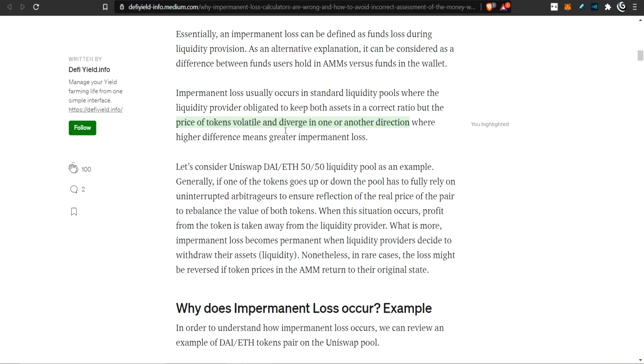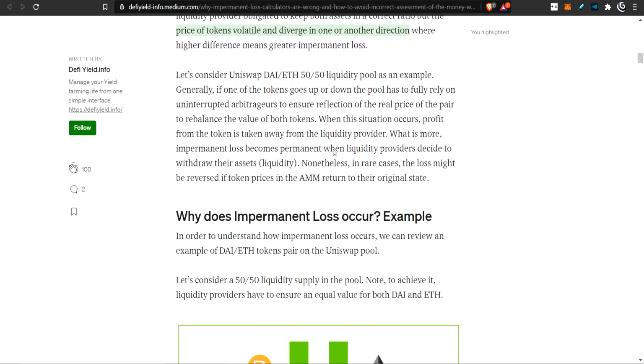So maybe one token's value goes up and the other token's value goes down. That would be a large divergence, but we also get a divergence if one token stays the same and the other token goes up or down. So that's what it's talking about here, in the other direction. One is staying the same, the other one's going up, and the other one's going down. So the price ratio of the two of them changes, right? That's pretty much how I understand where the risk of impermanent loss comes from.